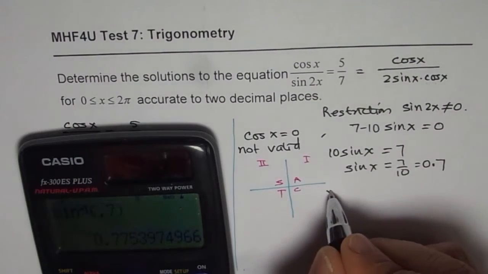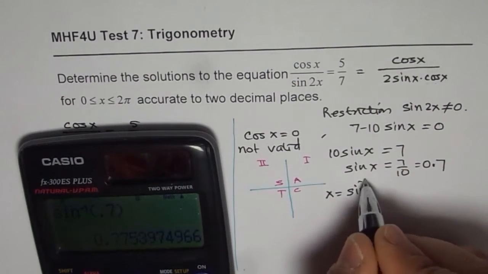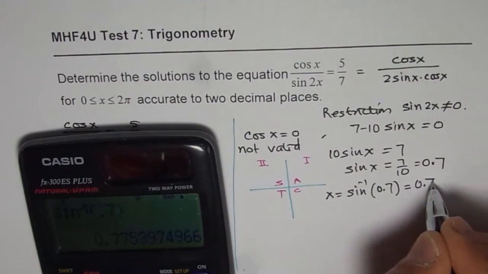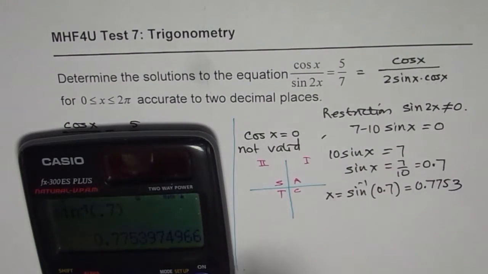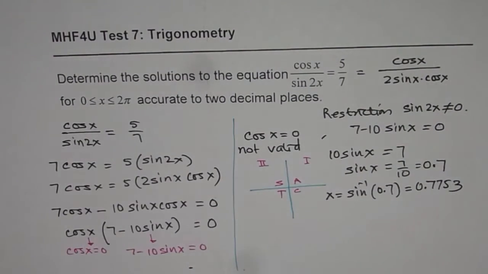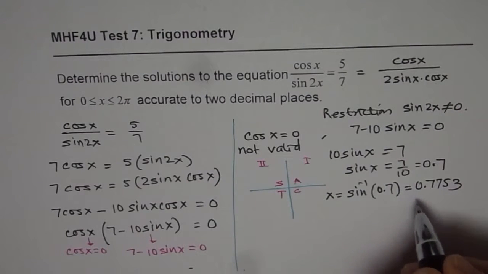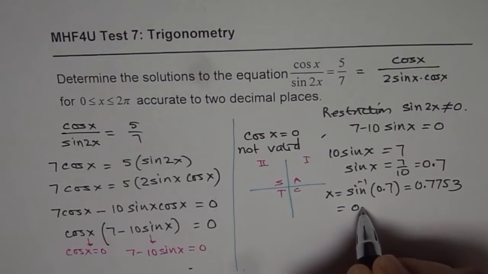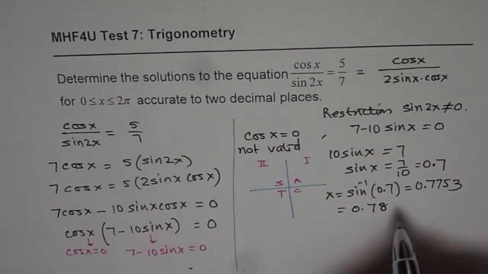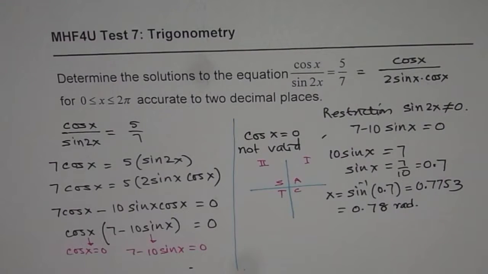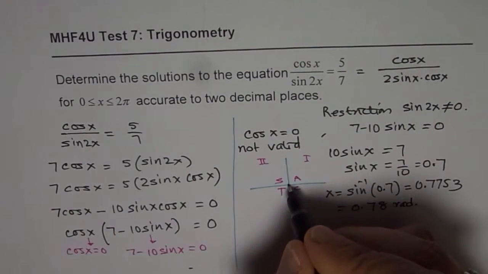So we get x equals sine inverse of 0.7, which equals 0.7753, correct? Well, we have to write our answer to 2 decimal places, so we can round this number to 0.78 radians. So that is one answer, and this is when you are in quadrant 1.